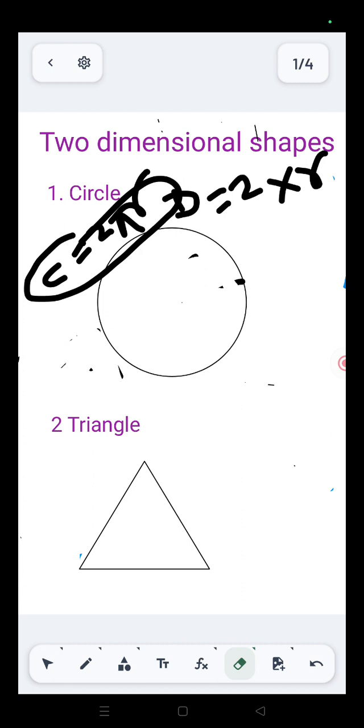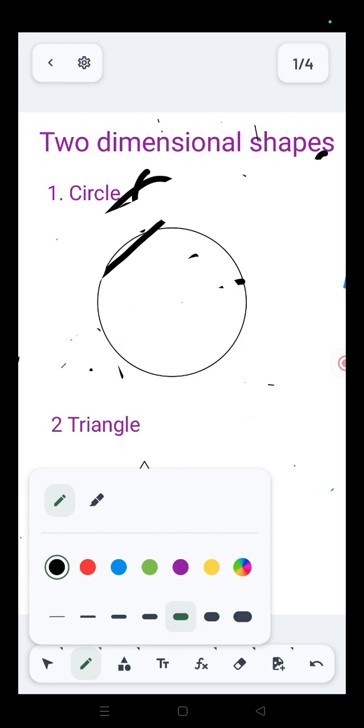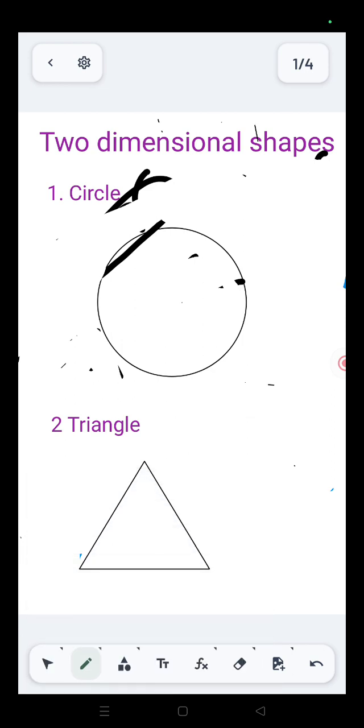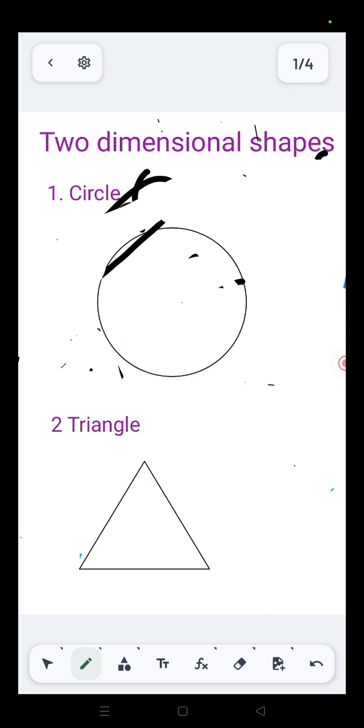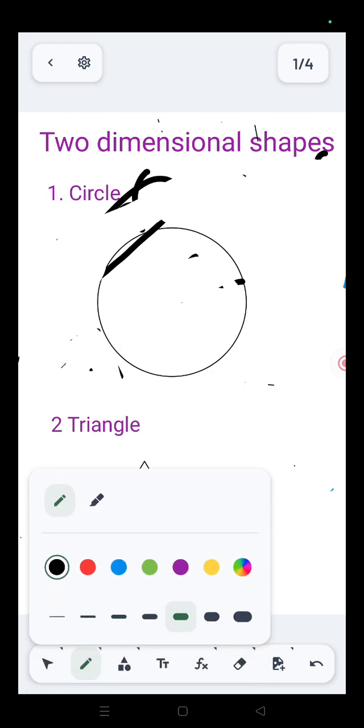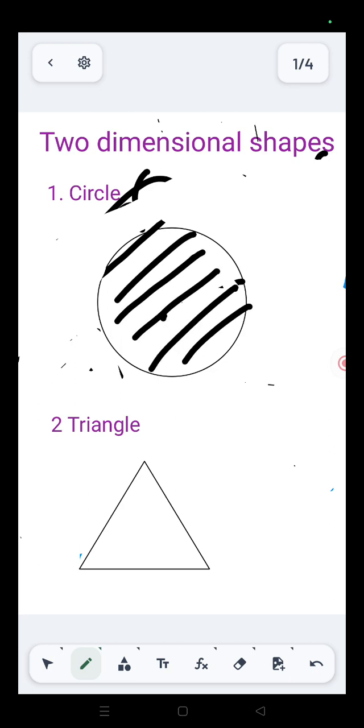Okay, now if you take these lines, then this is the area of the circle. If you draw this line, then it is the area of the circle.